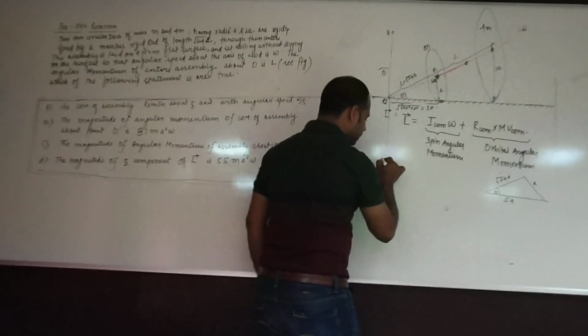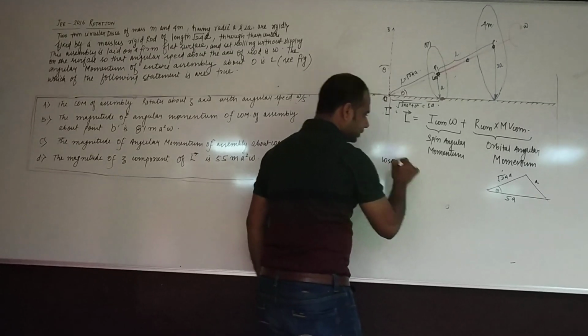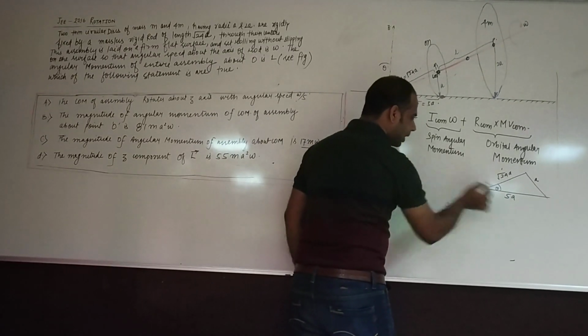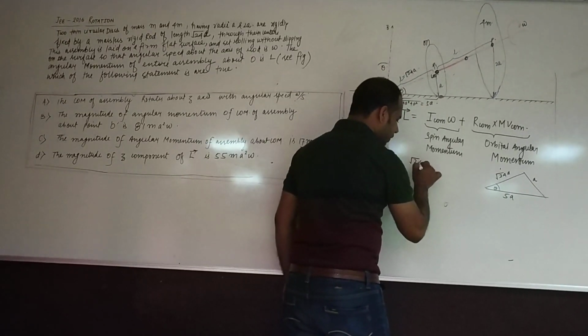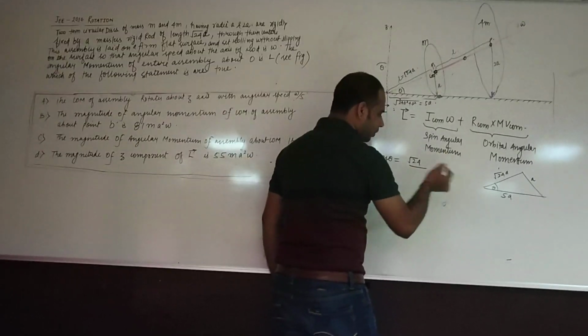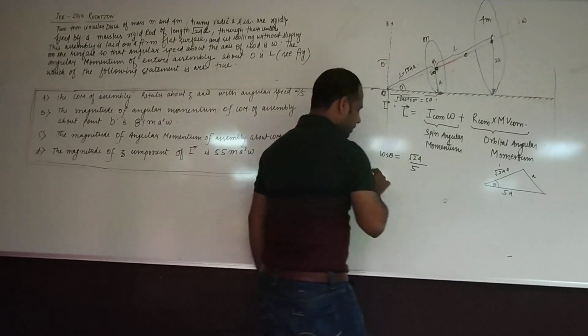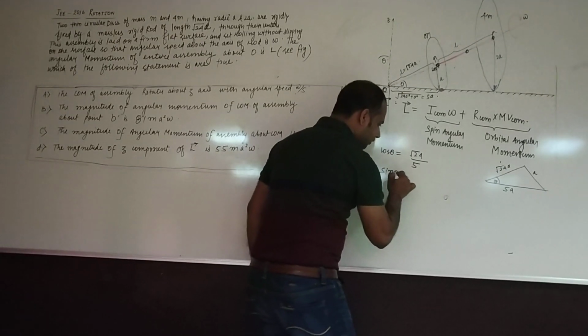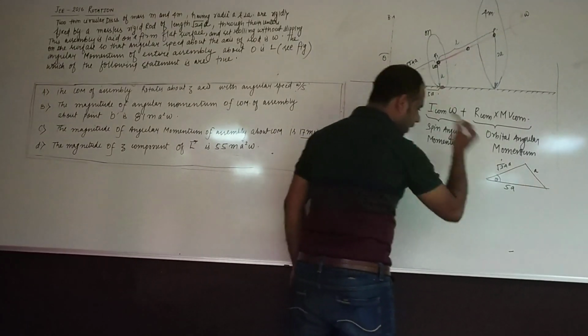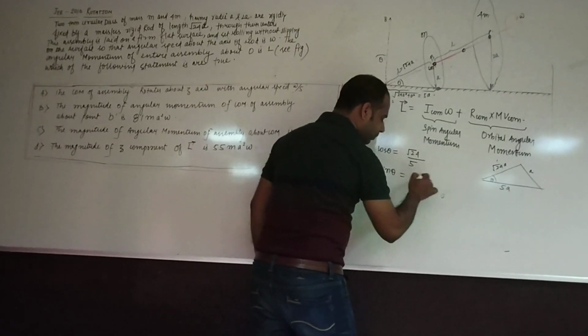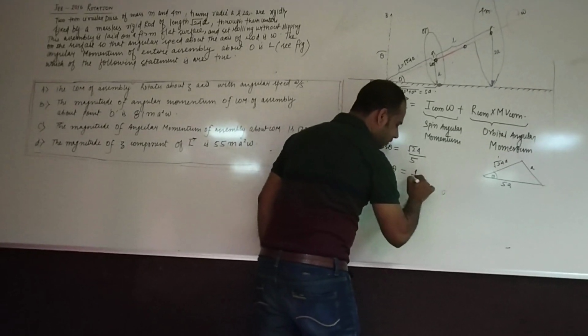So cos theta is equal to base upon hypotenuse, that is root 24 upon 5. Similarly sin theta is equal to perpendicular upon hypotenuse, that is a upon 5a, which is equal to 1 upon 5.